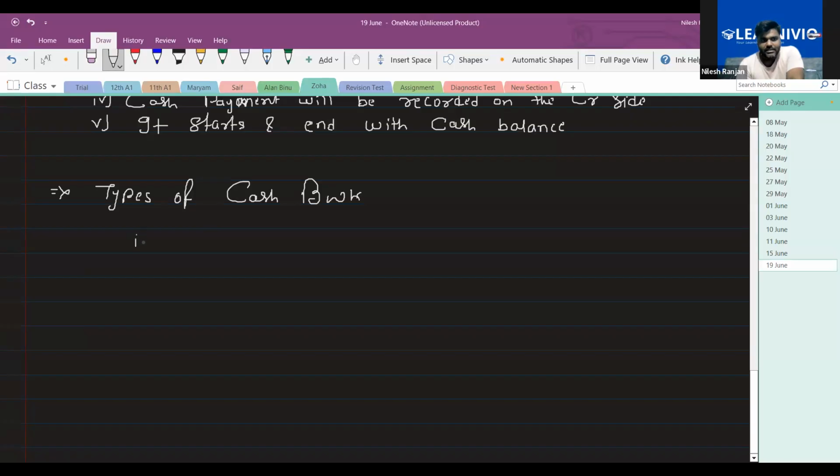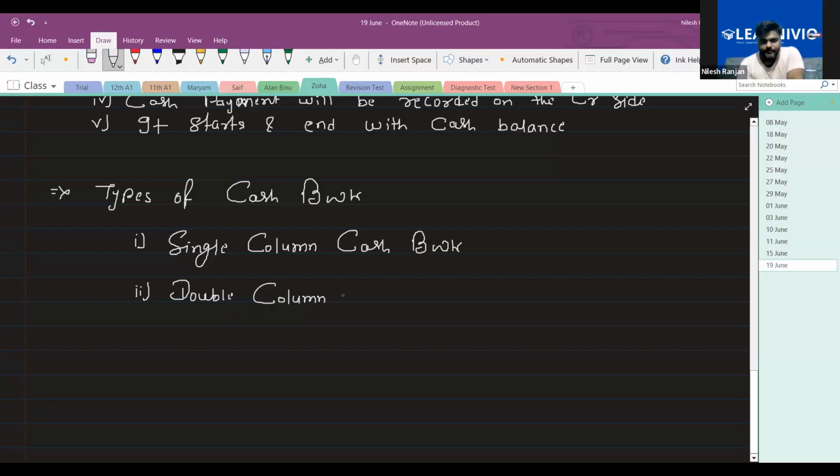One is called single column cash book. The second is double column cash book. The third is triple column cash book.